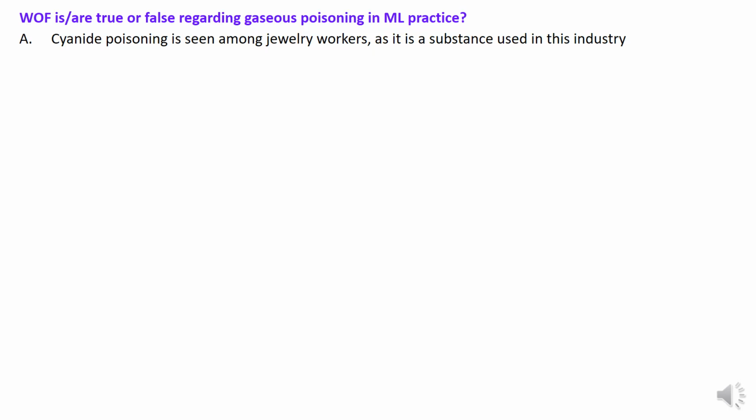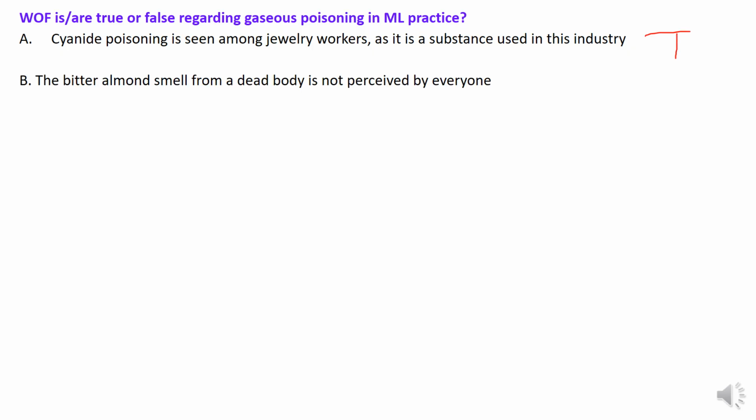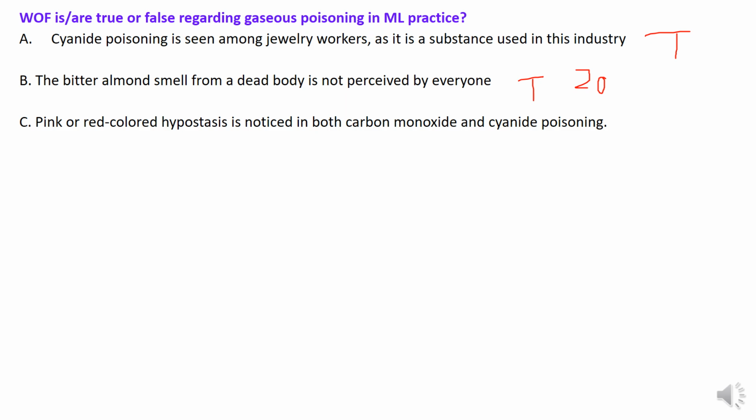Cyanide poisoning is seen among jewelry workers as it's a substance used in this industry. Yes, you have to know about it as doctors. The bitter almond smell from a dead body is not perceived by everyone. Yes, true. It is only perceived by 20% of the population, as it is an X-linked recessive trait.